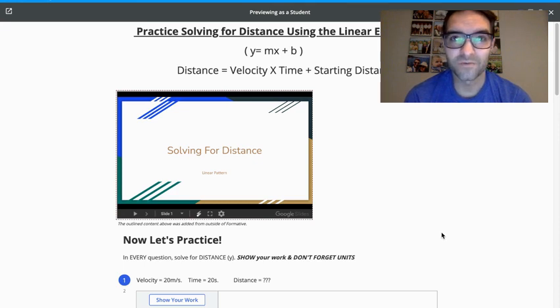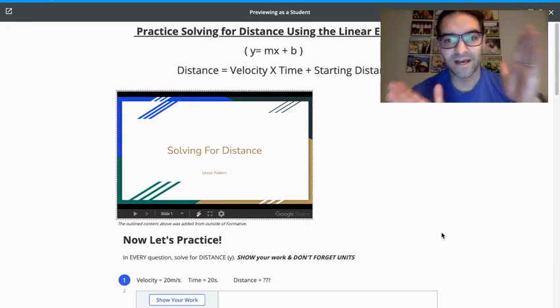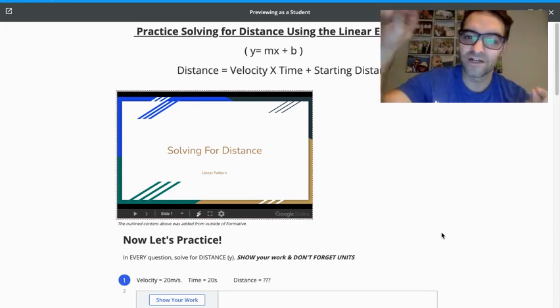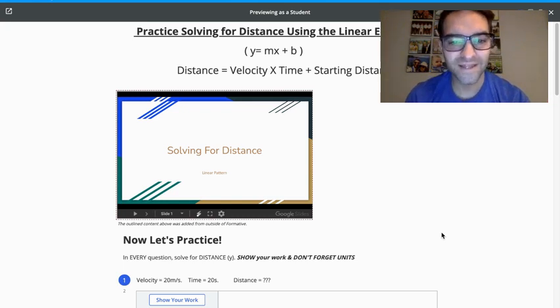And then we determined that that was a linear pattern, in the sense that when you have the two data points coming together at a constant velocity, then the data will create a straight line. And that is the pattern that we're seeing. And therefore, we can use the linear equation to solve for it.